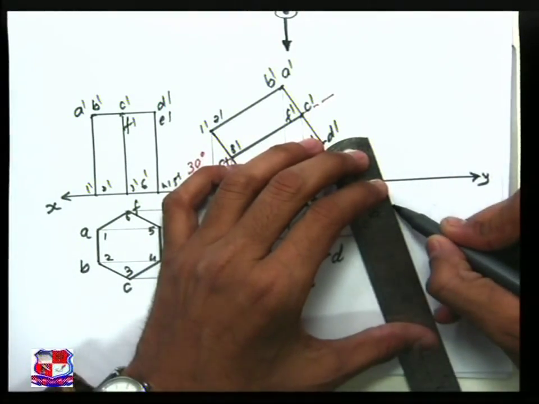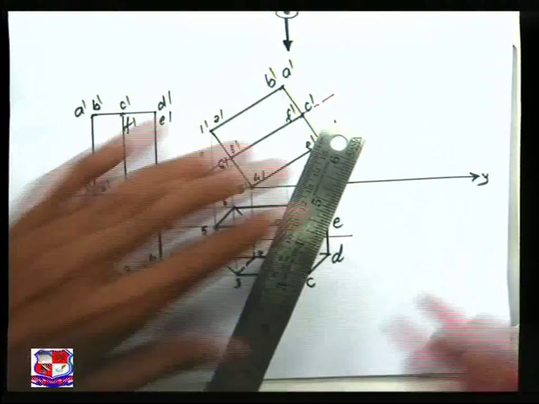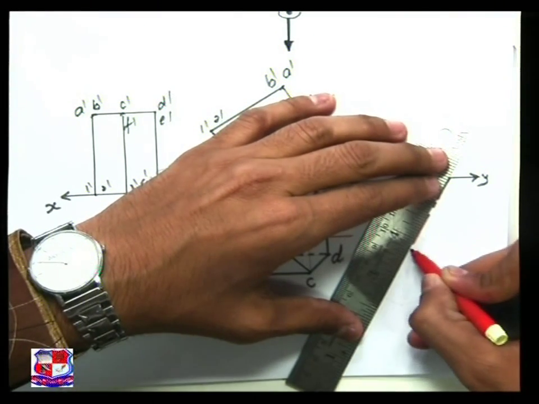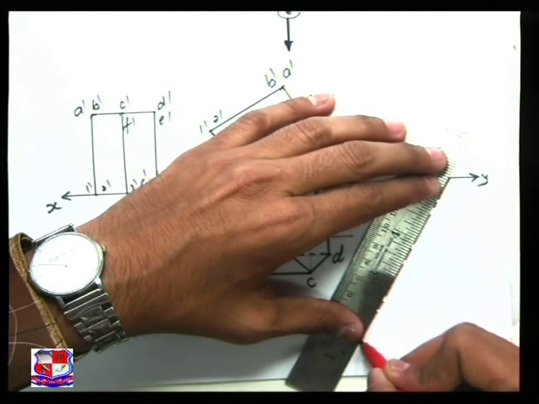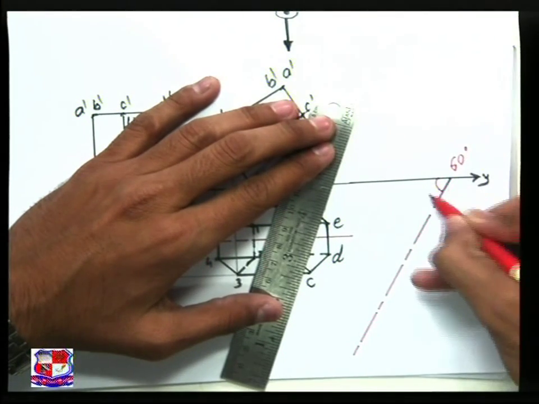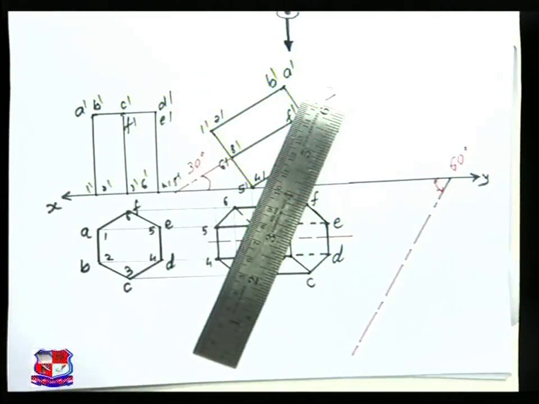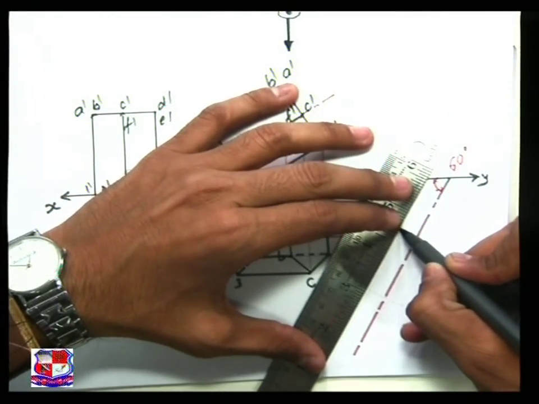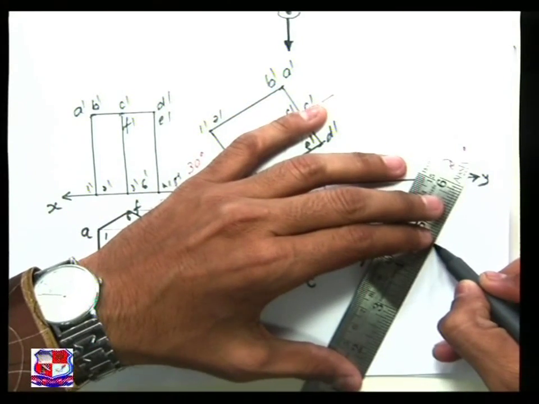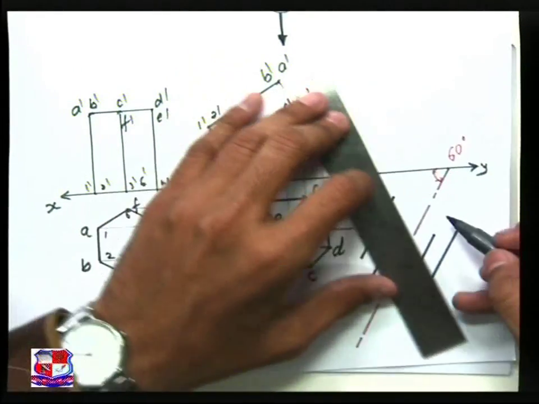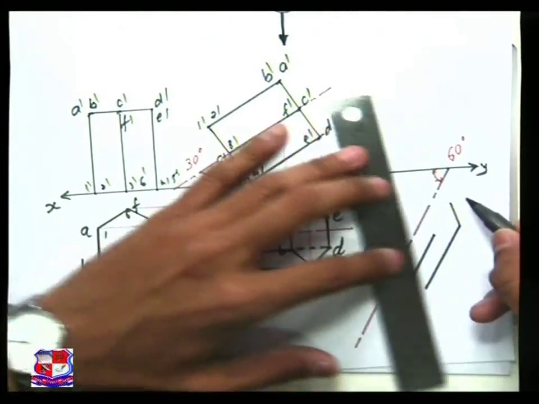Just redrawing this figure in such a way that this is the axis which makes an angle of 60 degree. This angle is 60 degree with XY line, and the redrawing of this figure would be visible like this, as shown over here.